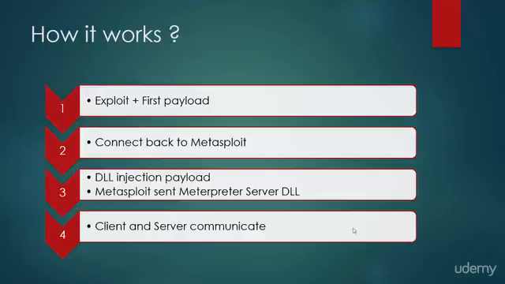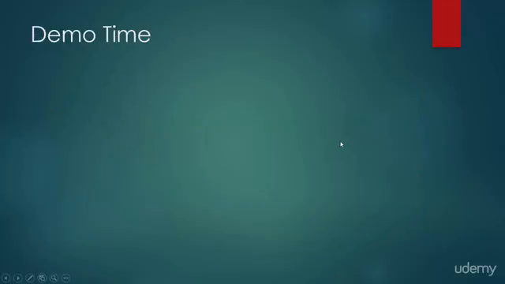After that, the Metasploit framework sends the Meterpreter server DLL to the target machine. After the Meterpreter server DLL is successfully injected into the target machine, the server DLL will communicate with the client. That's how it works. So let's look at how we can do that.